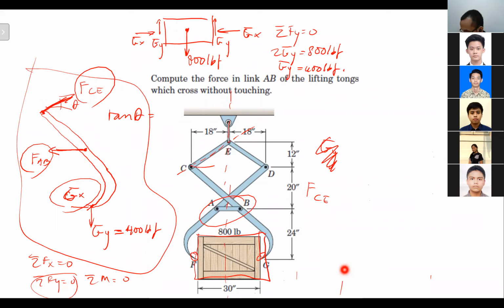It's 12/18, yes, correct, 2/3. Tangent theta we got 2/3.